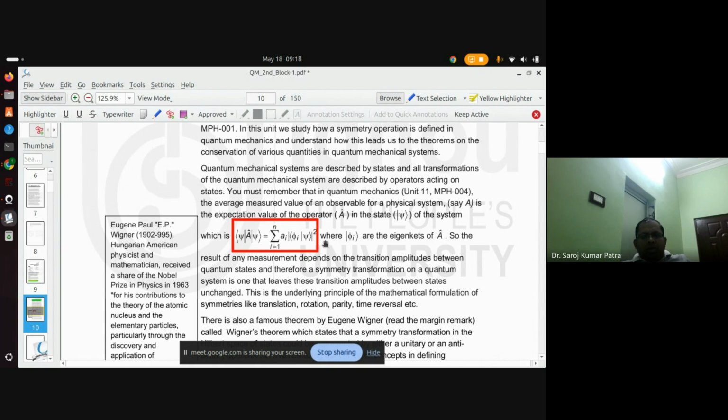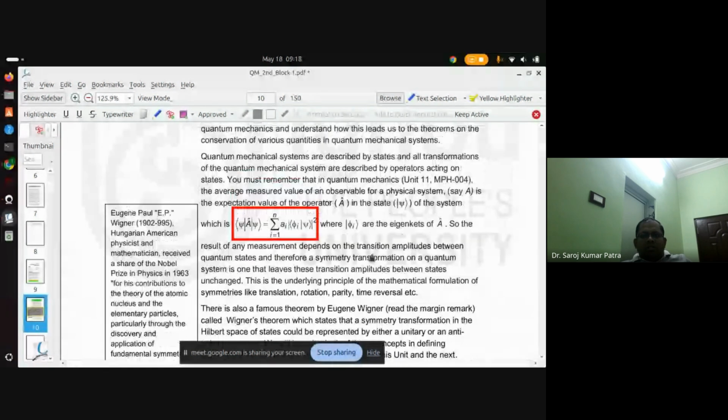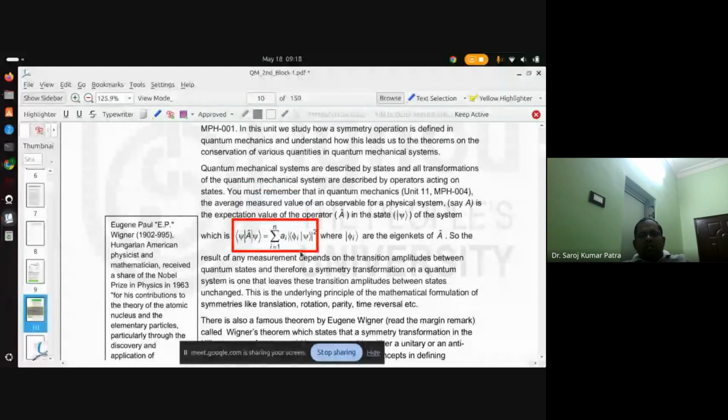This is coming because your ψ can be expressed in terms of the basis of φ. So ψ will be equal to the summation of aᵢφᵢ. That's why in a bra-ket you can actually write it like this.